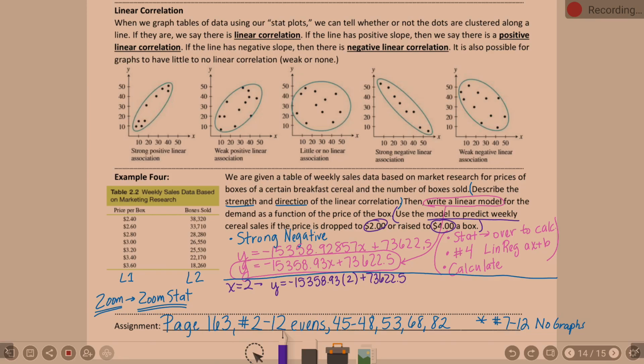Now I will say, okay, did you guys already plug in 2, I assume? Negative 15,358.93 times 2 plus 73,622.5. Does your answer match my answer? 42,904.64. Yeah.